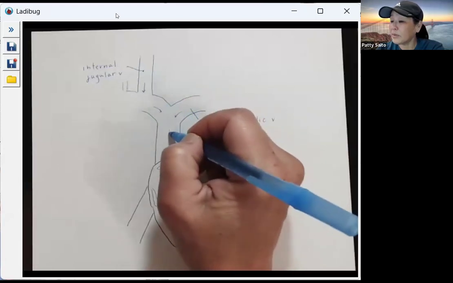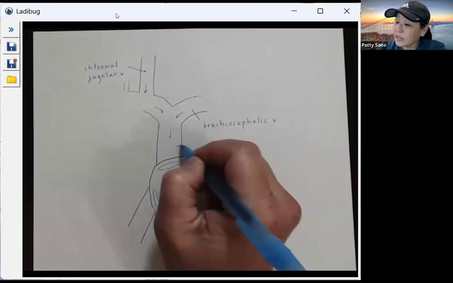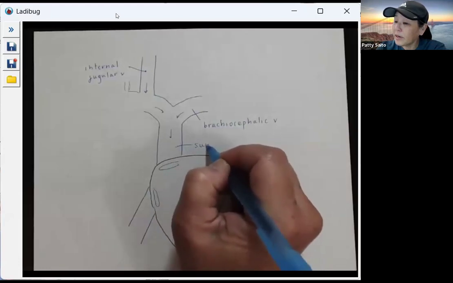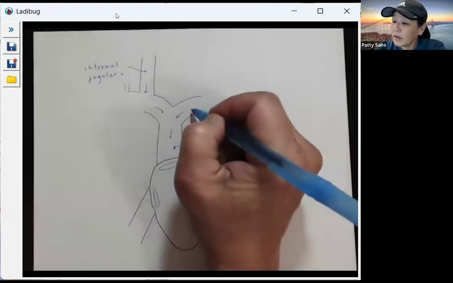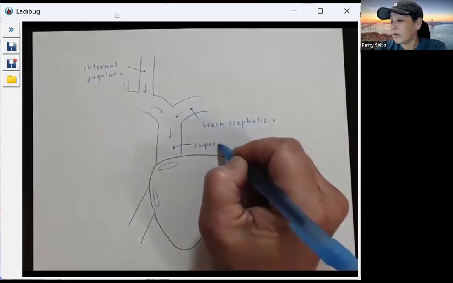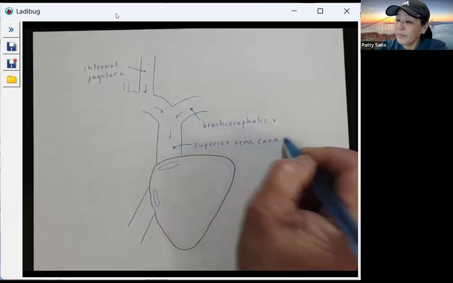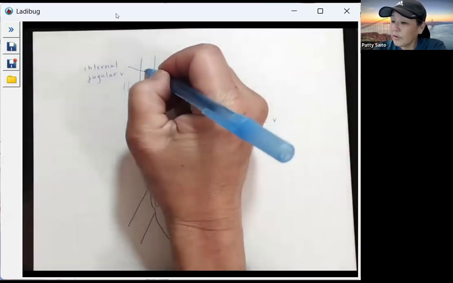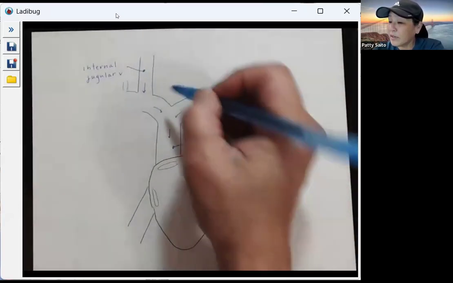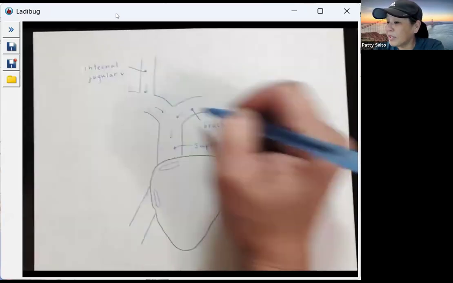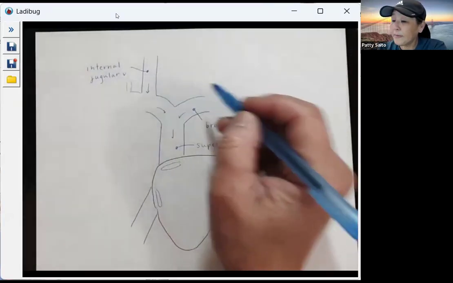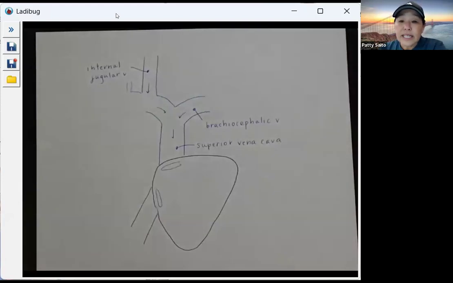Okay, back to the superior vena cava. So this is our superior vena cava. Okay, internal jugular vein, brachiocephalic vein. So this is also a brachiocephalic vein too. Okay, let's see what's next.